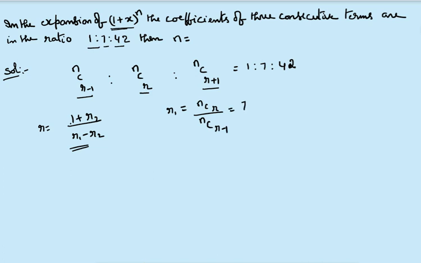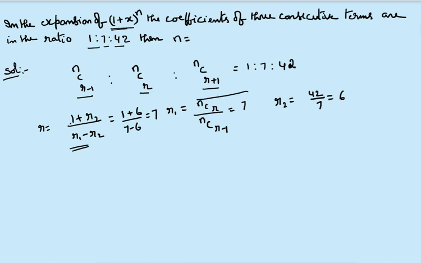That is the r1 value. Similarly, the r2 value is equal to 42 divided by 7, that is equal to 6. Now substitute here: (1 plus 6) divided by (7 minus 6), that is equal to 7. We got the value of r.